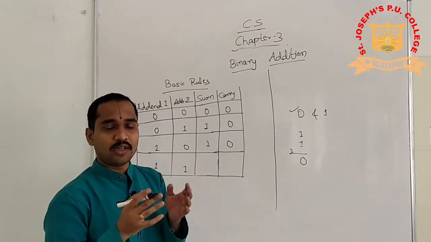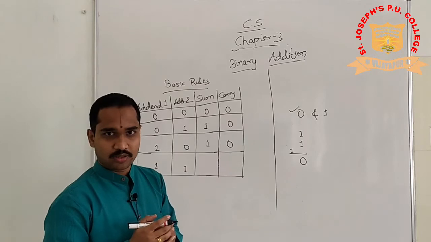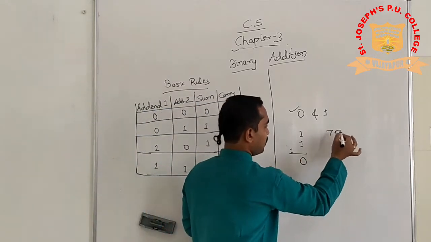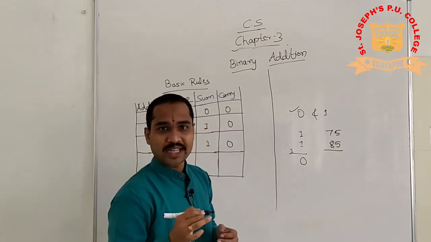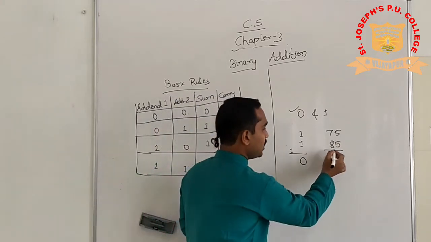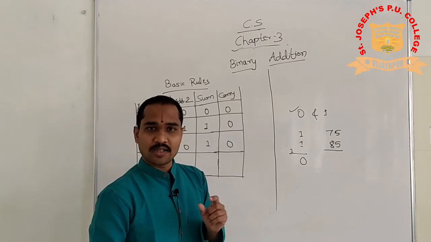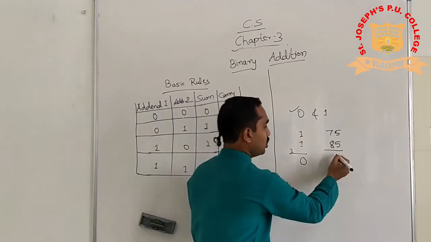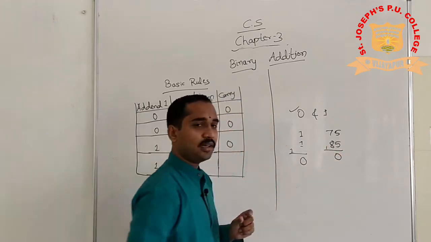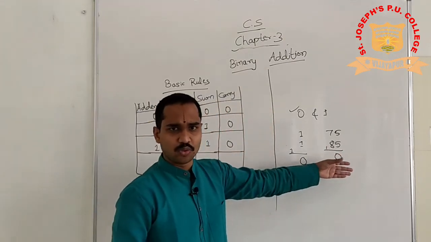When you are doing decimal addition, say for example 5 plus 5, what is it? 10. Which is the largest digit in decimal? 9. If it exceeds, then what do you do? You take 0 here and take a carry. This is what you do.